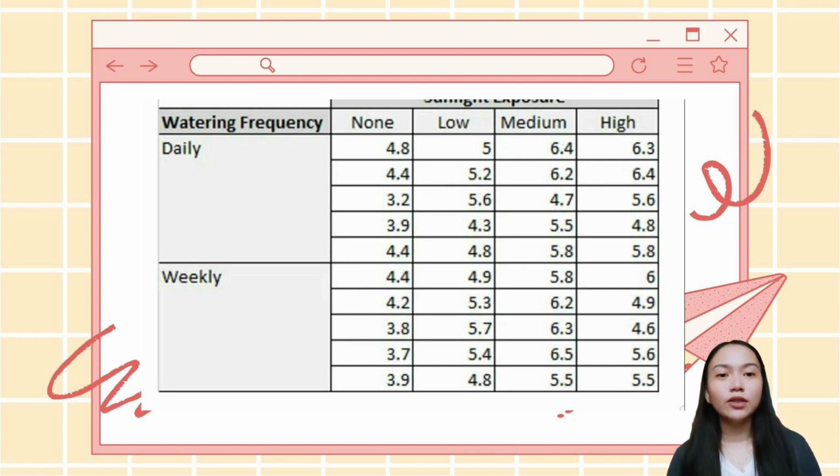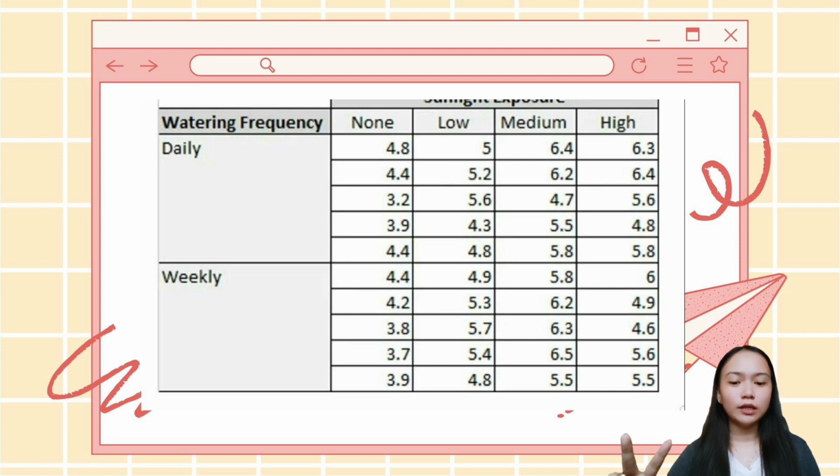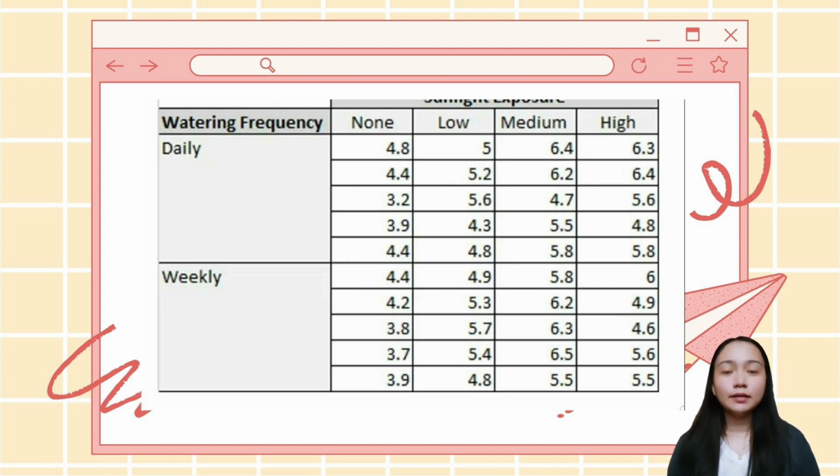As you can see on the table, there are 2 types of it: water daily and weekly. So we'll first solve the group daily. We'll just add it and divide it by 20. So the answer will be 5.155. Next, we will calculate the mean height of all plants watered weekly.